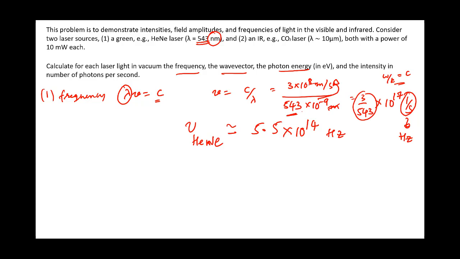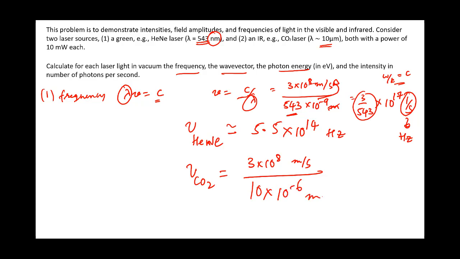Now if you look at the frequency for the CO2 laser, it's again simple, right? So c by lambda, c is 3 times 10 to the power 8 meters per second, divided by lambda, which is 10 micrometers, so that's 10 into 10 to the power minus 6 meters, right?